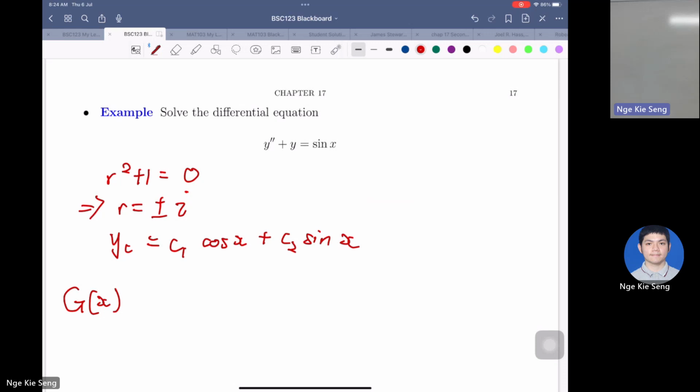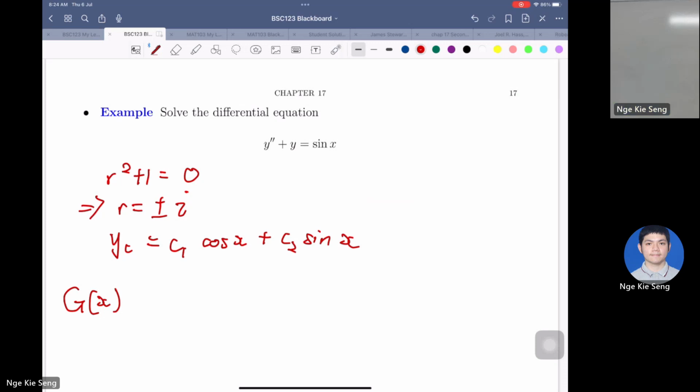If you use sin x cos x again, this answer will be absorbed into yc, right? You get what I mean? For a second order differential equation, you need two linearly independent solutions, then the two add up will be all your solution. So you need to find another linearly independent one. Which one?